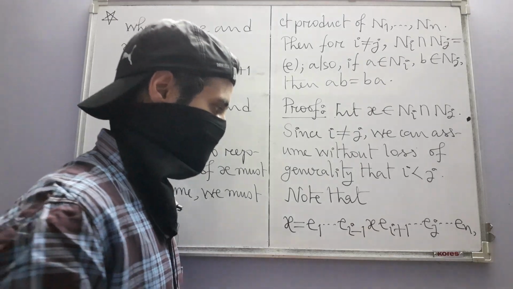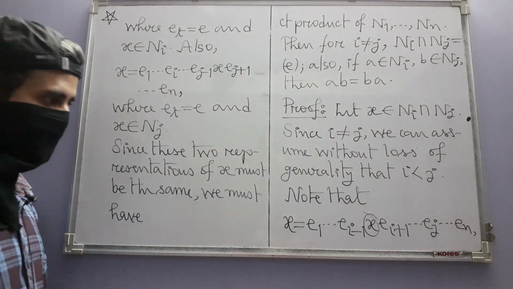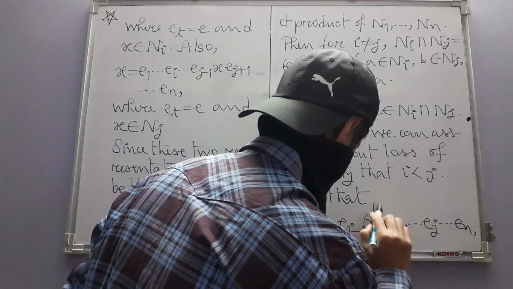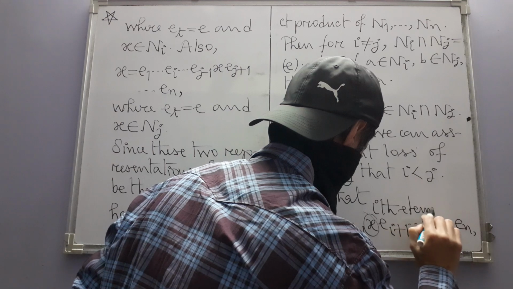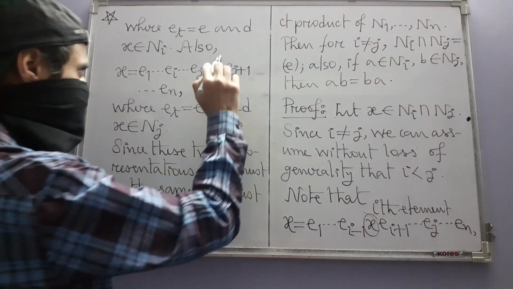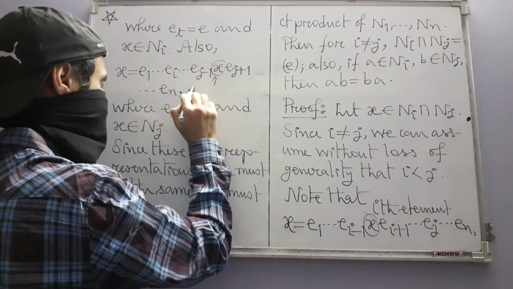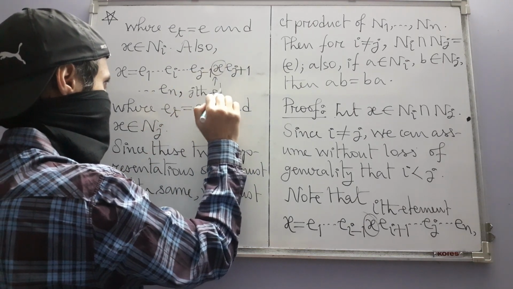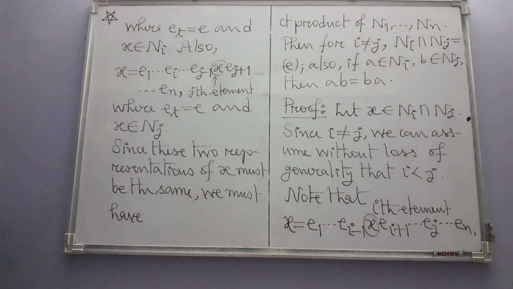But you see, what is the position of x here? x is the ith element in this product. And what is the position of x here? x is the jth element in this second product.